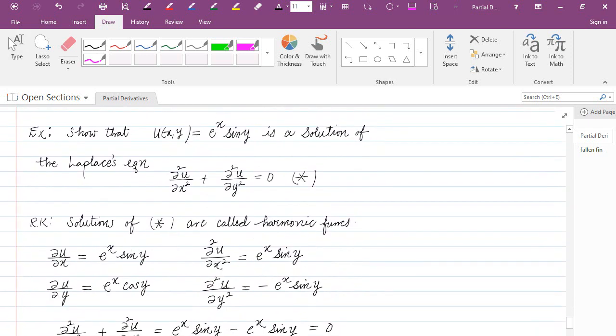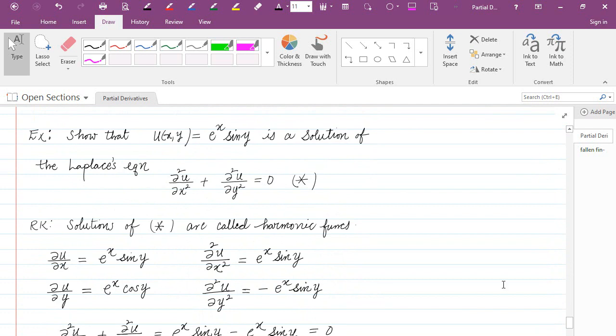Okay, so let me end with the following. This equation, that the second partial derivative of u with respect to x twice plus the second partial derivative of u with respect to y twice is equal to 0, is known as the Laplace equation, and the question is asking to show that u equals e to the x times sine y is a solution to this Laplace equation.